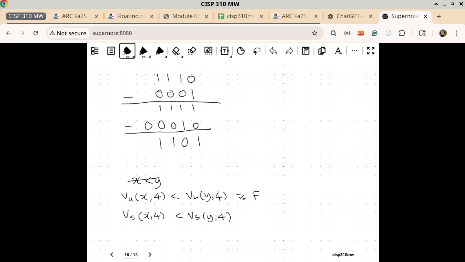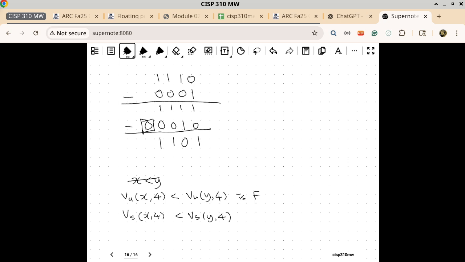Yep, the borrow that is hanging out, right? Yep, you're correct. So in this case, T of 4, which is this bit here, this bit is a 1 if and only if VUX4 is less than VUY4.